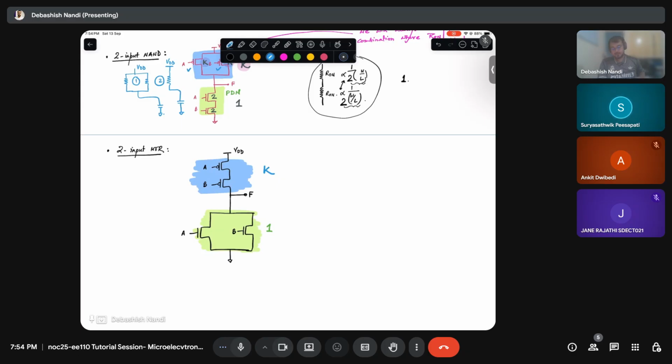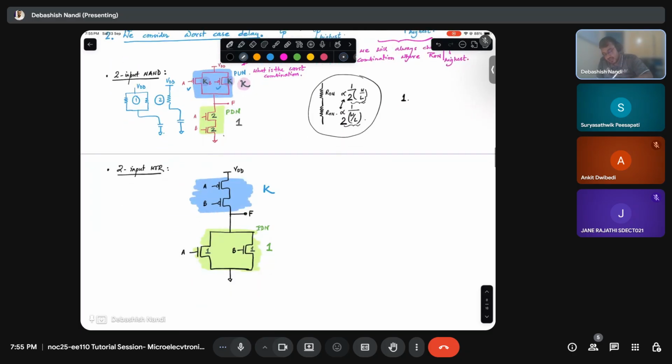Yes, sir. So what is the worst case in case of PDN? When one transistor is active or 2 transistors are active in parallel? When one transistor is active, right? So I will just simply size the transistor as 1 1.